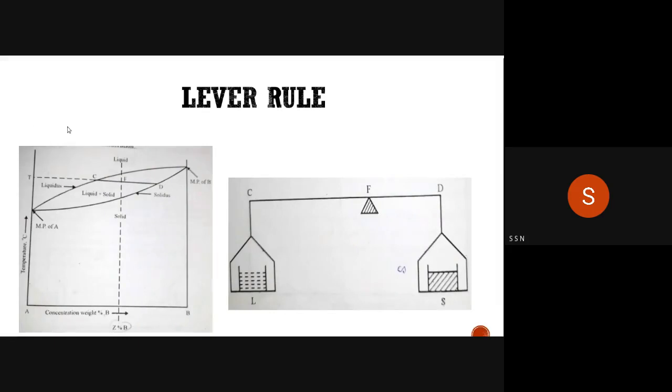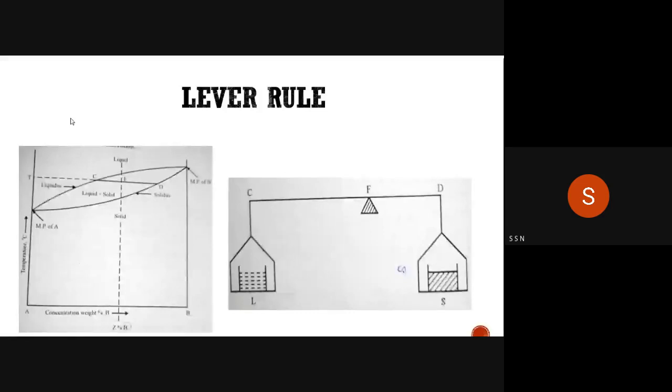For that CD line, F will be considered as one kind of fulcrum. About that fulcrum, that lever is present, that lever is CD. So fulcrum F and lever CD. At D point, the complete phase of that alloy will be solid, and at C point, the complete phase will be liquid, isn't it?